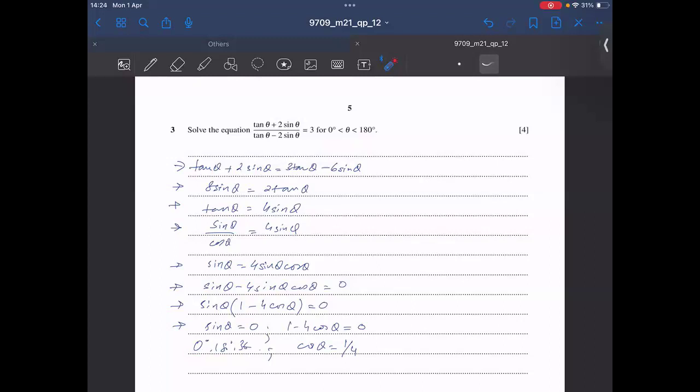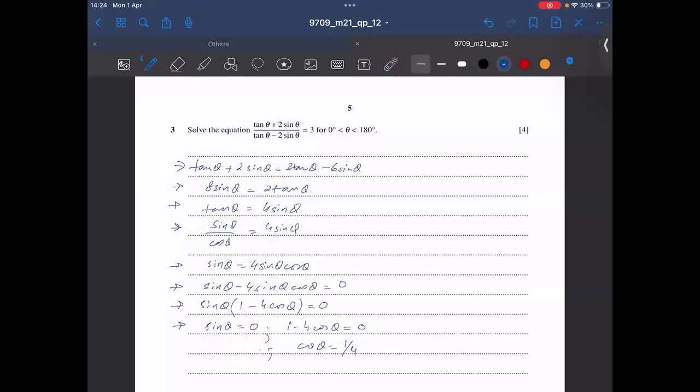But because right now in this question, in the given domain, you don't have an equal to sign, we won't be including 0 degree and 180 degree. But keep this in your practice: never cancel a function, always factorize it.